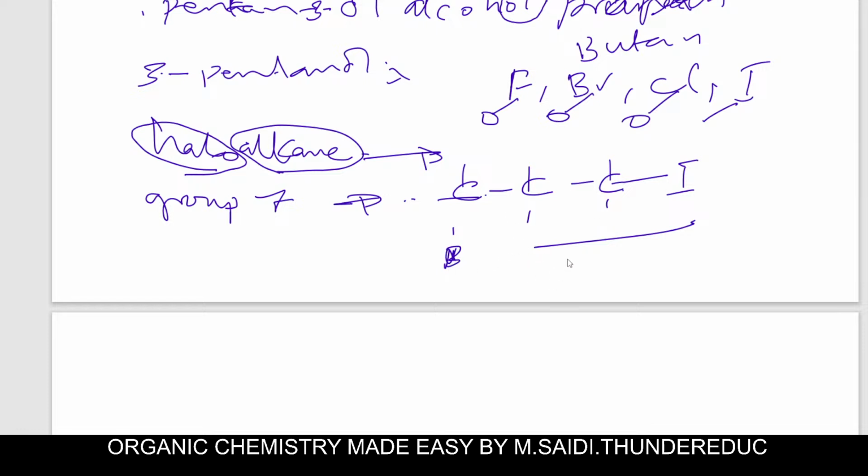Because it is an alkane, we add the word alkane, and it becomes propane. But it has this iodine on carbon atom number 1. Therefore, it becomes 1-iodopropane. So that's how we name it.